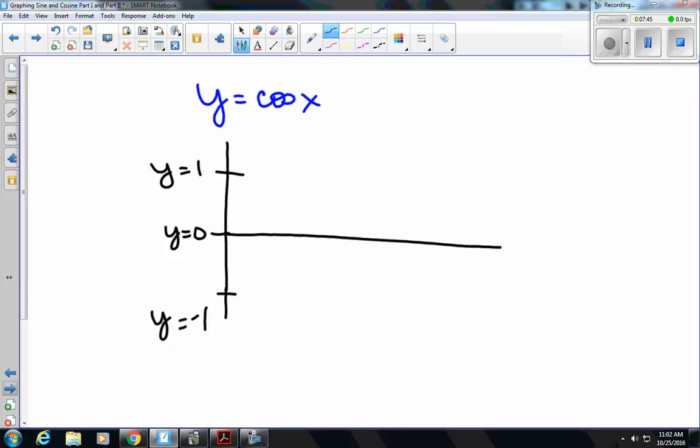Okay. And where does it start? 0 pi. Goes all the way to 2 pi. Halfway is pi. Bet you know the quadrantals now, right? We've done them so many times.